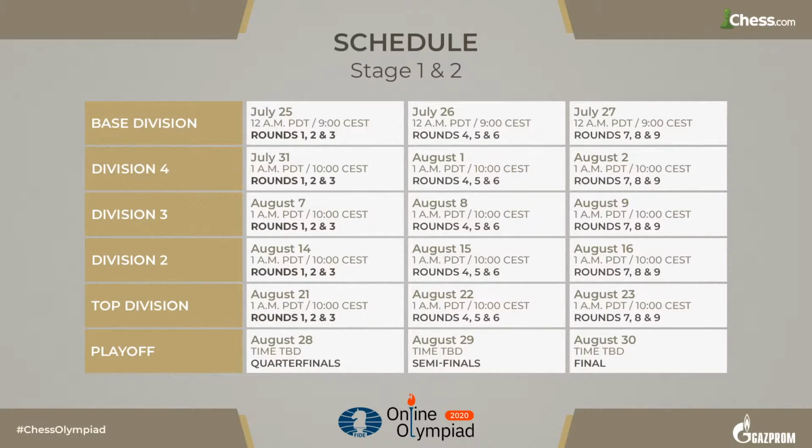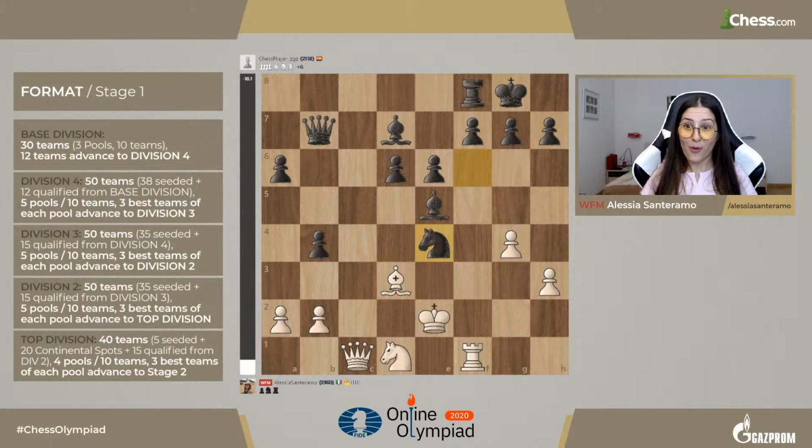As you can see, the last day will be the 30th of August. So this tournament will be taking place for more than 1 month. I guess this is also a record, at least in recent years. Really a huge event, very long.